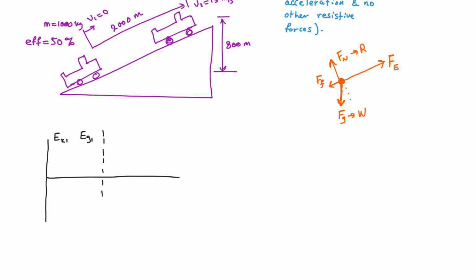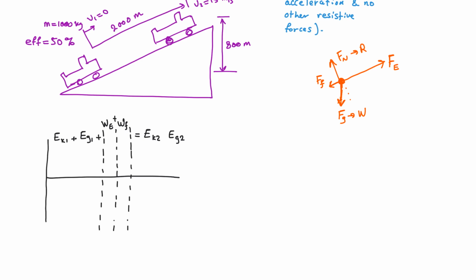There are going to be two external forces, or non-conservative forces, so I'm going to draw two sections for those, and I'm going to call this one work done by the engine and this one work done by friction. I'm going to add these plus this, and this is all going to equal the kinetic energy at stage 2 and the gravitational energy at stage 2, or the gravitational potential energy.